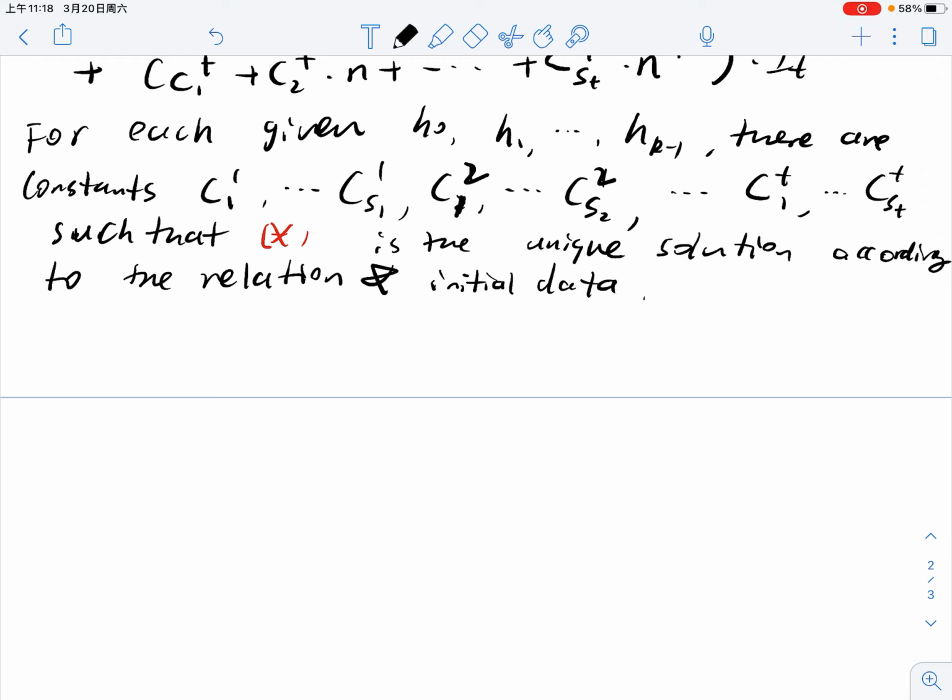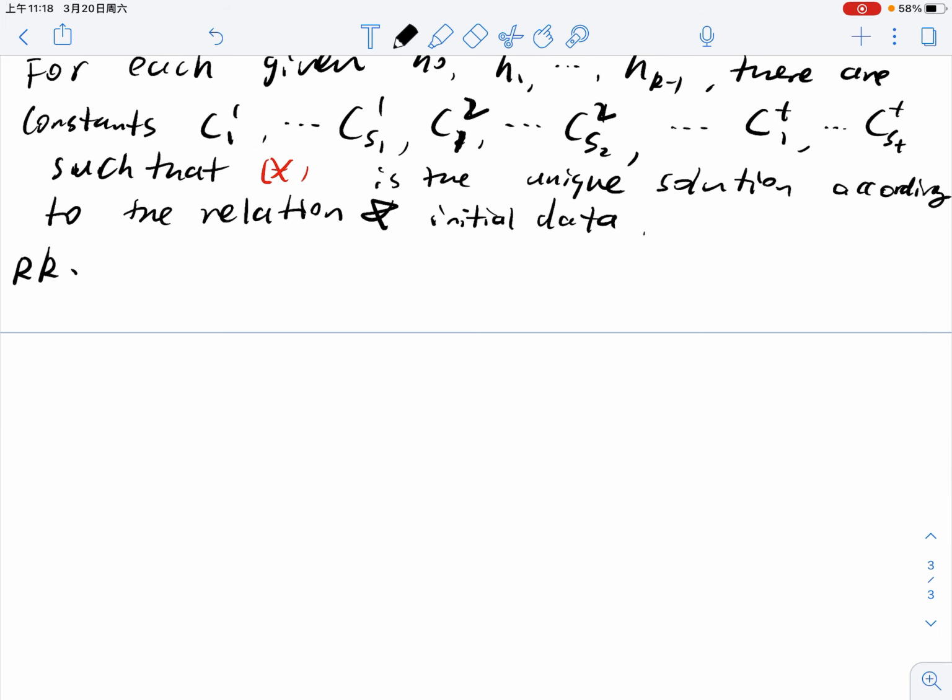So that tells you this method is good enough. Whenever you put in some initial data, it gives back a solution corresponding to the data and the relation. A small remark is, actually this is also how we solve ODE.